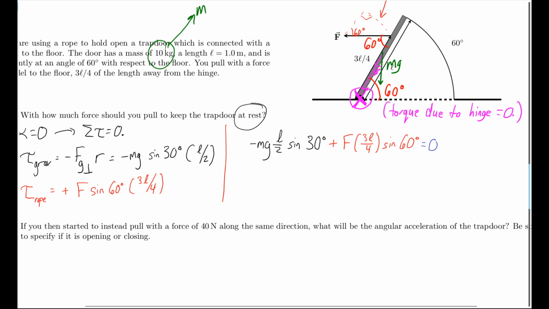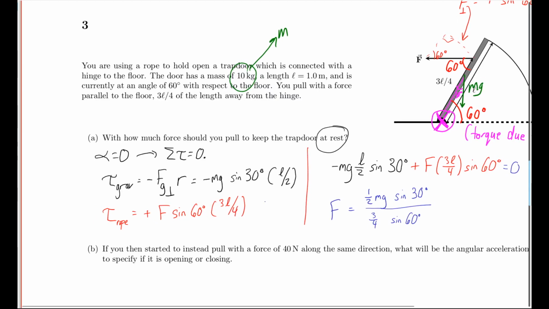Now we need to solve for F here. So here F will be, let's see, the L's are going to cancel. So this gives me 1/2 mg sine 30 degrees, all divided by 3/4 sine 60 degrees.